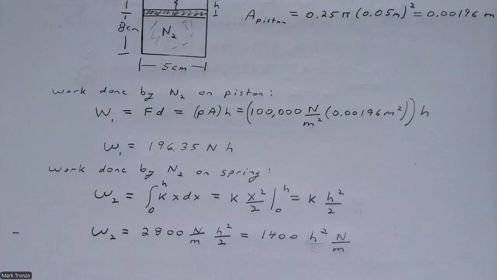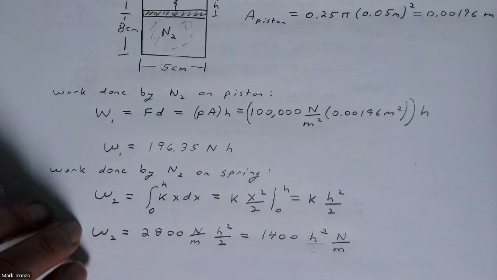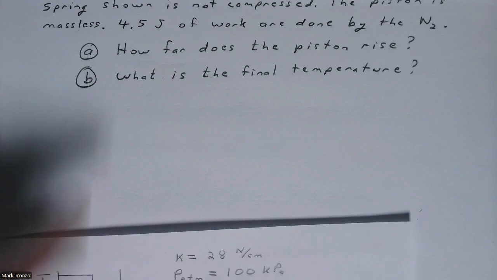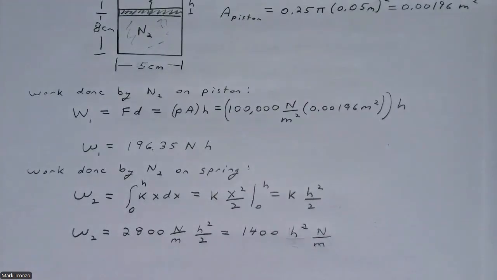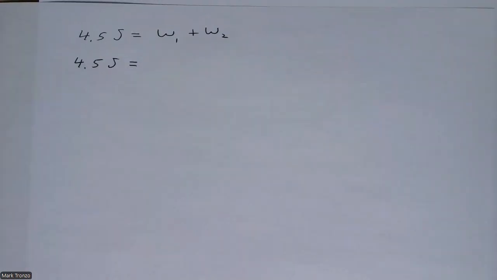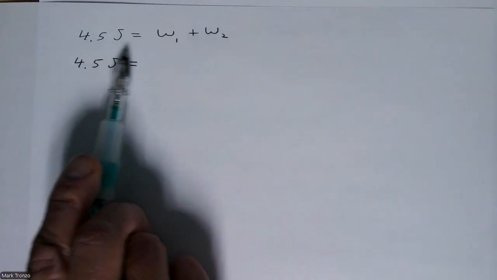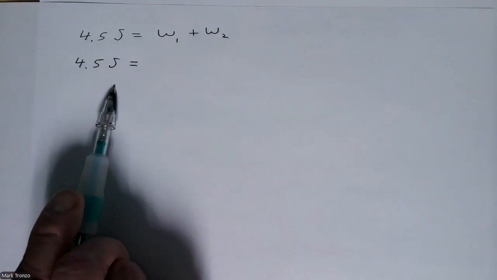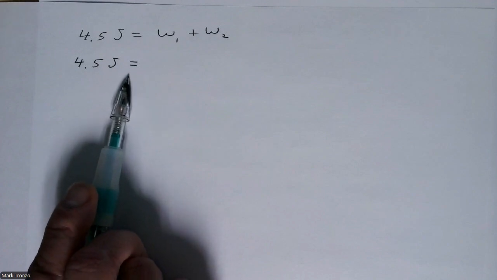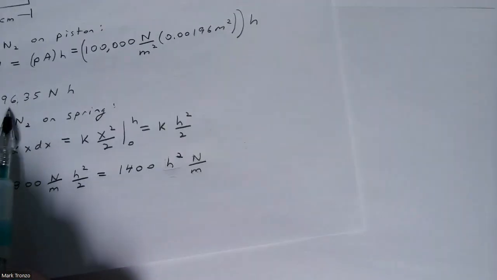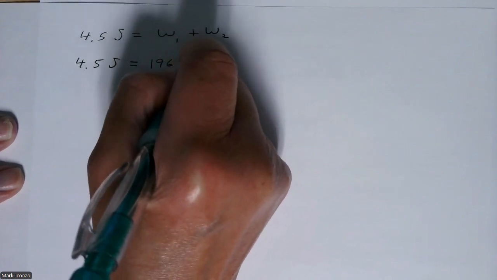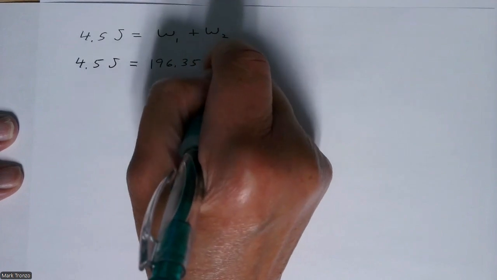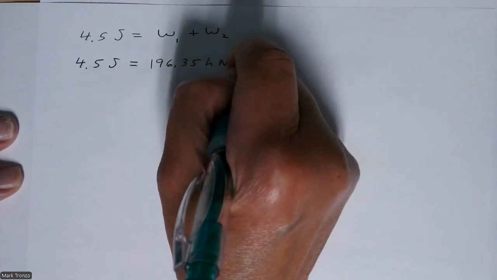And we're told in the problem that 4.5 joules of work are done by the nitrogen. So a total of 4.5 joules of work done is going to be equal to W1 plus W2. And our W1, again, we just found here, 196.35 H, and actually N stands for newtons.